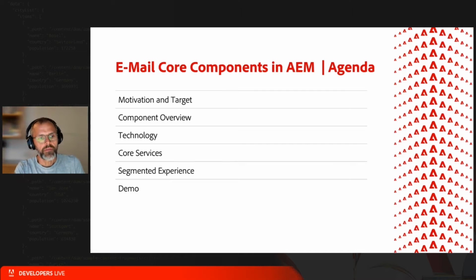And then we dive into the technology and the core services which are provided with this component framework. And then we have a deeper look into the segmentation experience we provide with the core components. And this will also be part of the demo. After my demo, I will then hand over to Varun. We'll then go ahead with the form core components.